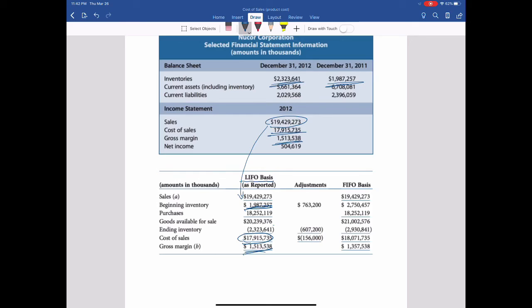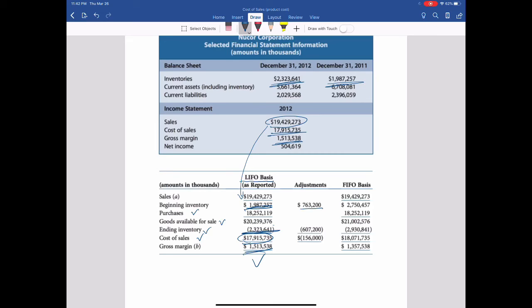Purchase is not given. Ending inventory is this one. Because cost of sales is available and ending inventory is available, the goods available for sale is available. Then we can calculate the purchase. Basically, it's the difference between goods available for sale and the beginning inventory. So all these numbers are available.